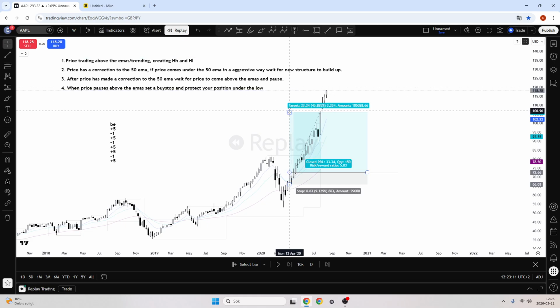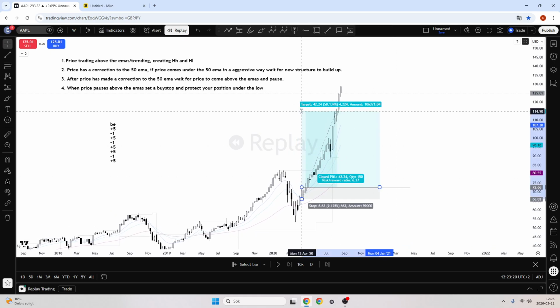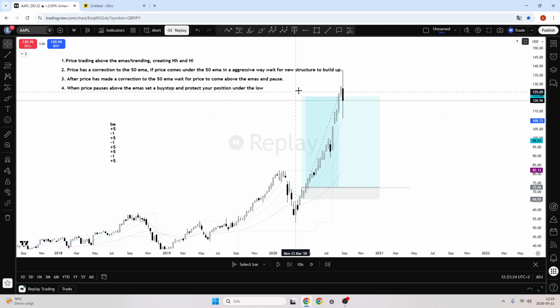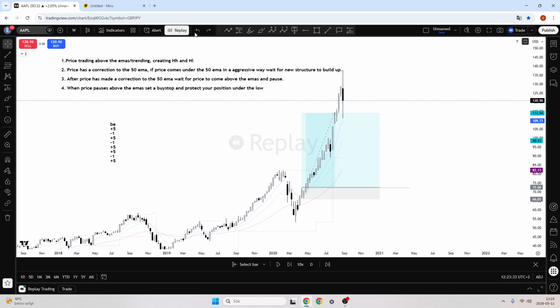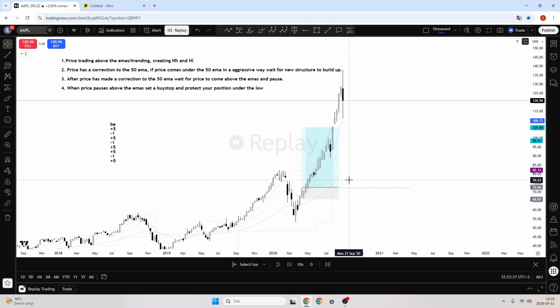But if it continues to go up, you just trail your stop loss at these candles right here. As you guys can see, this is another risk management you can have. So you would sell your full position at 1-to-7.64. But in this video, our take profit is at 1-to-5, just like that.